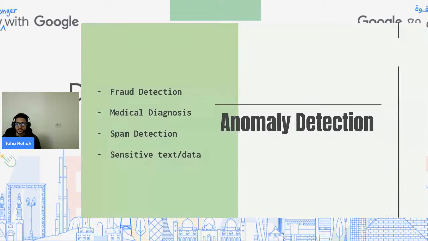Basically, this problem comes up when dealing with something called anomaly detection. In the machine learning world, we have a lot of problems to solve, and one of them is classification.